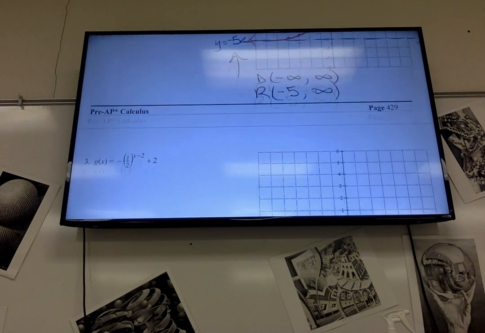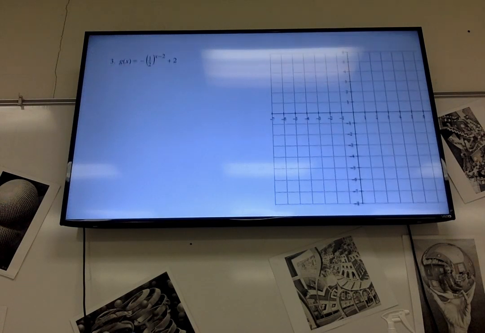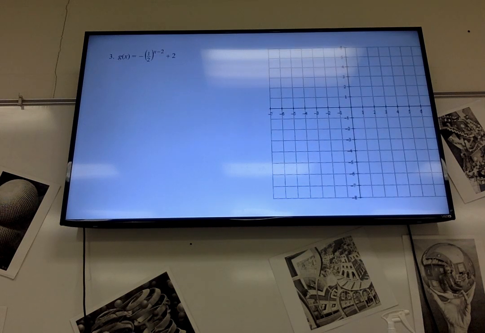Okay, these next ones go back to the 1/2 x. All right. So I got this little negative in front.